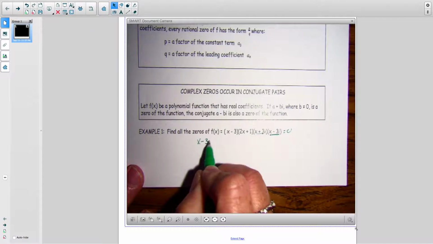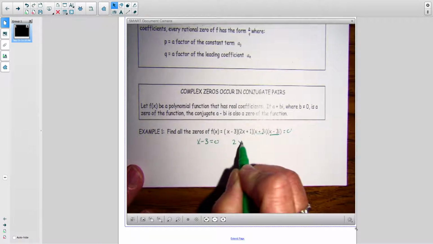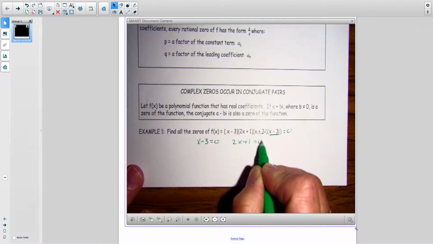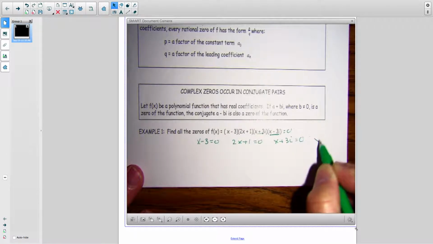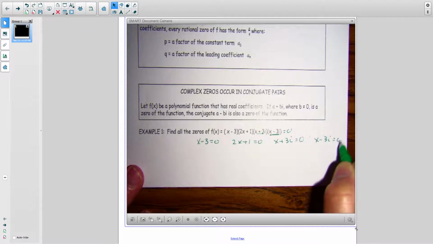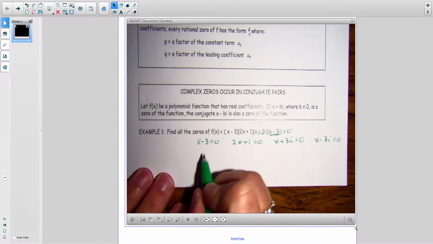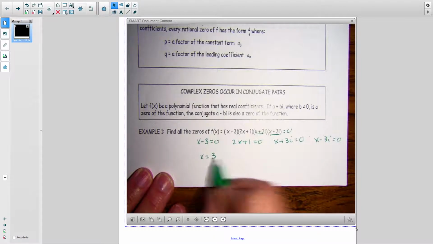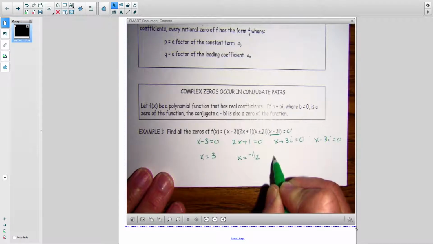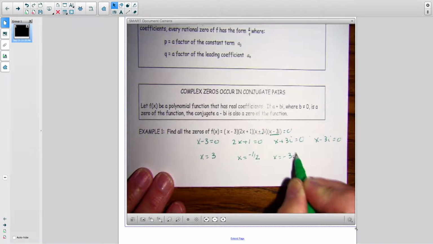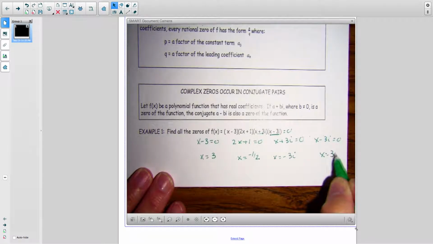So x minus 3 equals 0. 2x plus 1 equals 0. x plus 3i equals 0. x minus 3i equals 0. So then our zeros are 3, negative 1/2, negative 3i, and 3i.